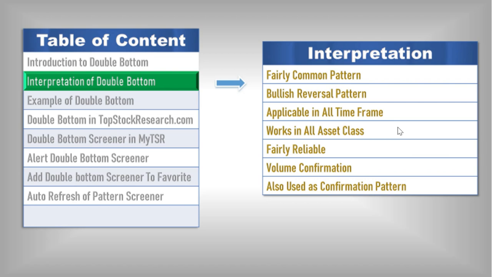If the MACD crossover also happens at the same time, it gives much better confidence to the trader. Or in some other cases, people use, let's say, the relative strength index, and if at that point of time a double bottom pattern is formed, it gives much better confidence to the analyst that the reliability of this pattern, or the potential upward movement, is much better compared to a simple pattern which is formed.